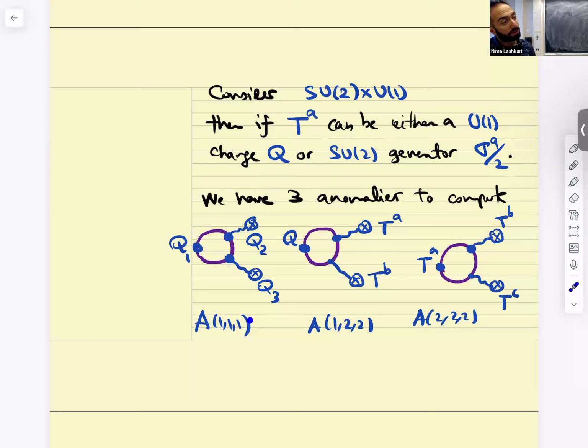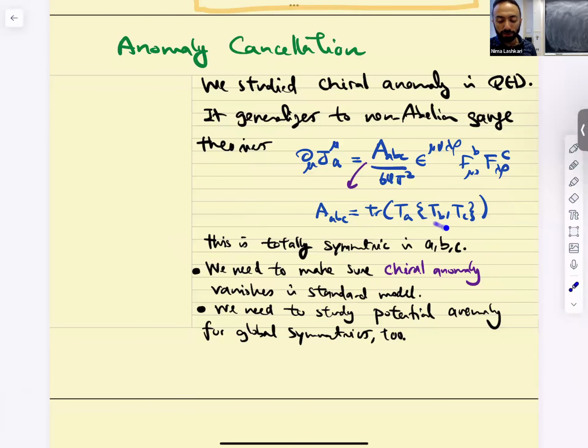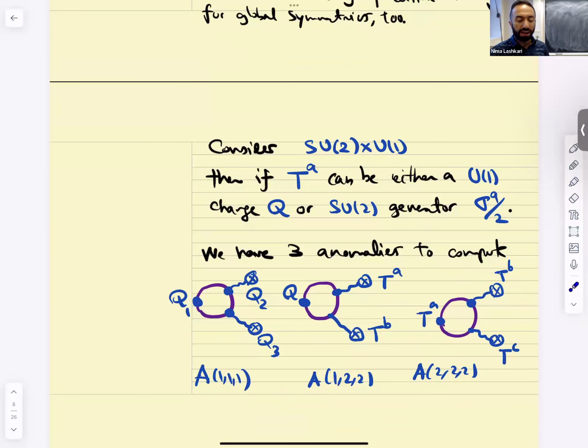A122, which is the anomaly of Q, T^A, T^B, and A222, T^A, T^B, T^C. This last term always vanishes. Why? Because if you calculate the anti-commutator of Pauli matrices, it is proportional to delta AB. That means that what you're calculating is a trace of T^A, but it's traceless because it's SU2. So this term vanishes.